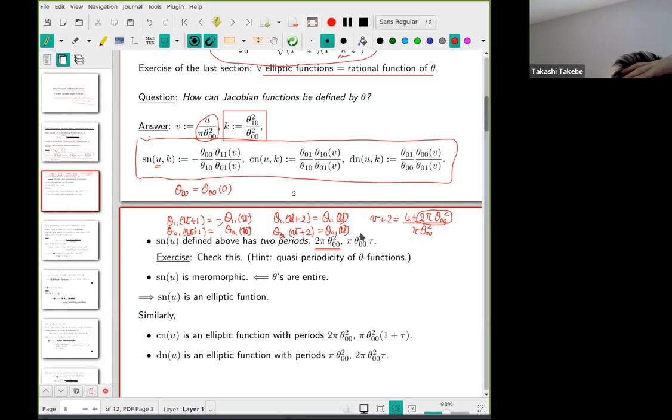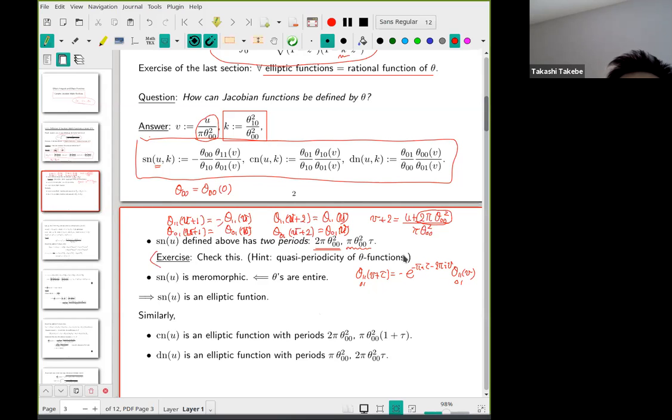Likewise, we have another period because, for example, theta 1 has such a case of periodicity, and actually theta 0 1 has the same case of periodicity. So by the same argument, we have such a pair.